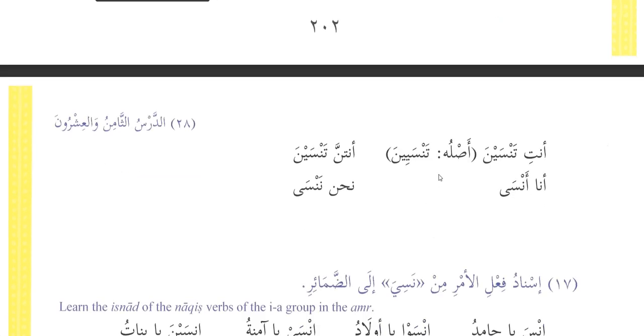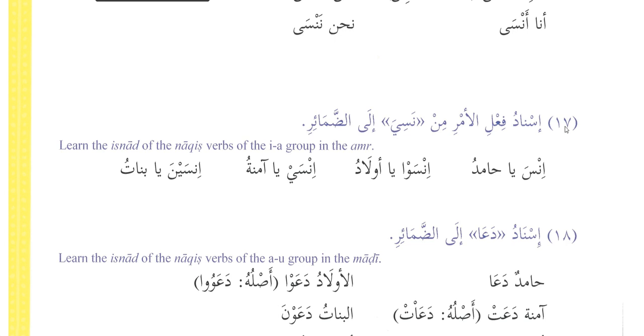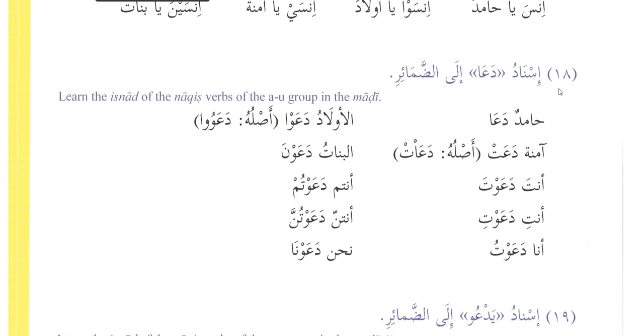All the duals are given in the last lesson of this book, but I felt that it should be mentioned. That's why I gave you the duals also. And now question number 18, amr. I also completed this question number 18, nasiya. And now we will see question number 18.